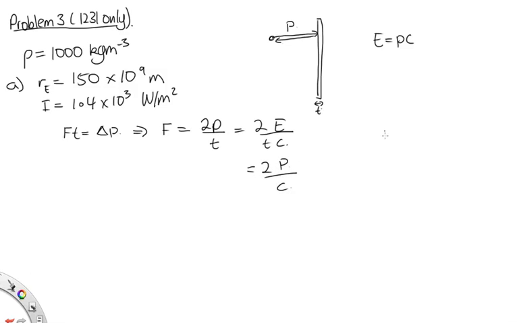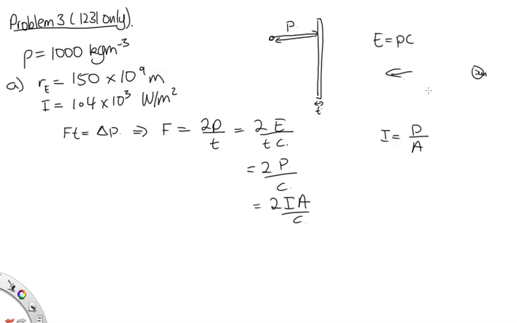And we know that intensity is equal to power over area. So we can replace this power with 2IA over c. And we've got the intensity, and so we can work out the force per unit area using this equation. Now this is the force that's pushing it away from the sun. So here's our sun.